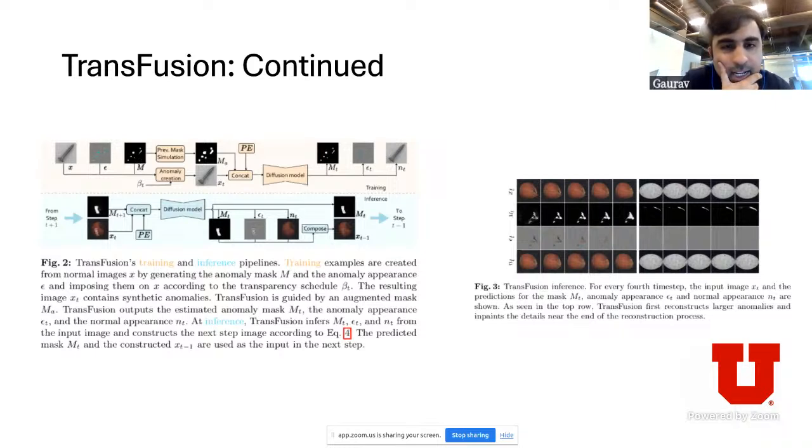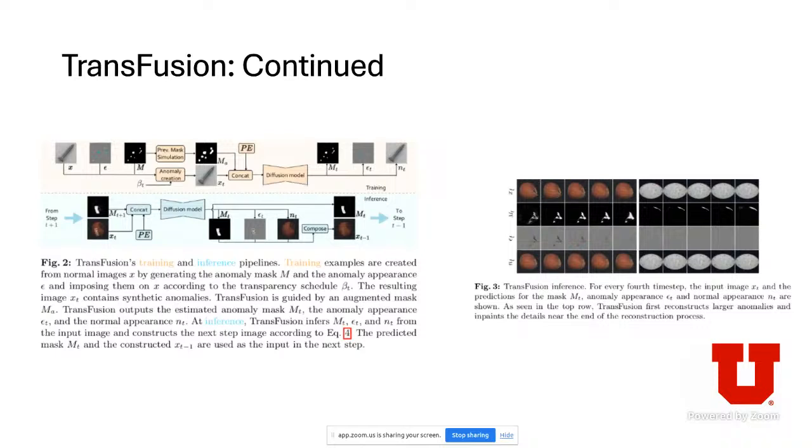I think that's where a confusion arose, which is that they said that initially the mask is the ground truth mask. So if it's already the ground truth mask, then how is it different at further time steps?